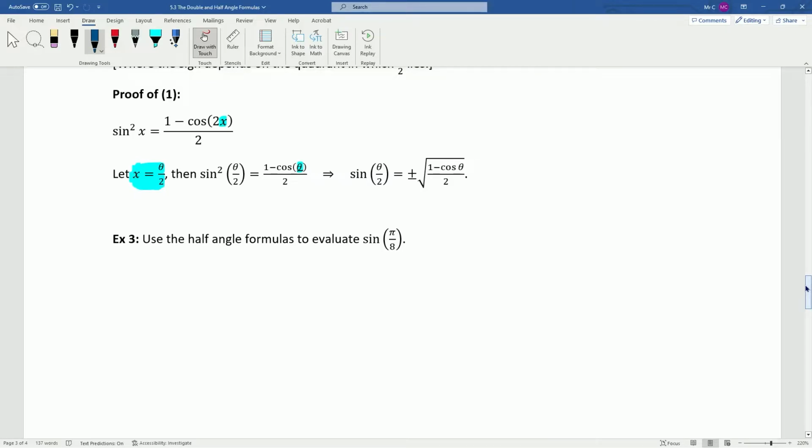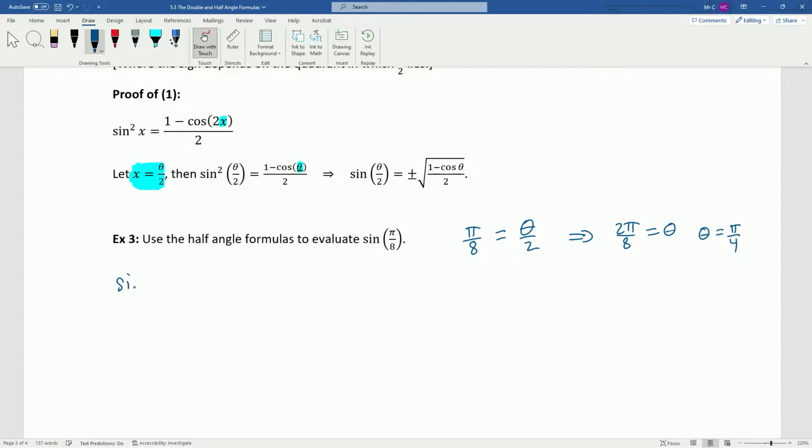Okay, so for this next example, we'll use the half-angle formulas to evaluate sine of pi over 8. So we've got a big hint here. It's telling us to use the half-angle formulas. So how can we write pi over 8 as theta over 2? Well, if I multiply the 2 across, I get 2 pi over 8 equals theta. So theta is really pi over 4.